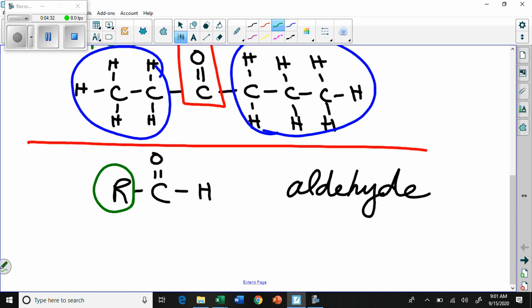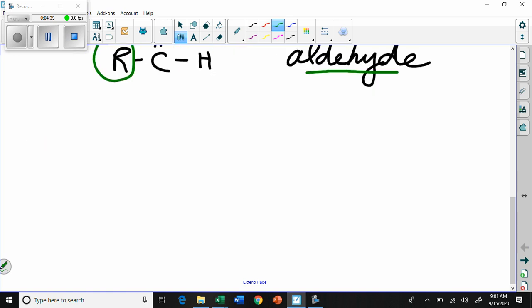But aldehydes are quite important in biology. That one would look like this. Let's say the R was C. Let's do ethaldehyde. Two C's is ethane, right? Remember we did that when we did the prefixes? Two C's is ethane. This is also sometimes called an ethyl group.